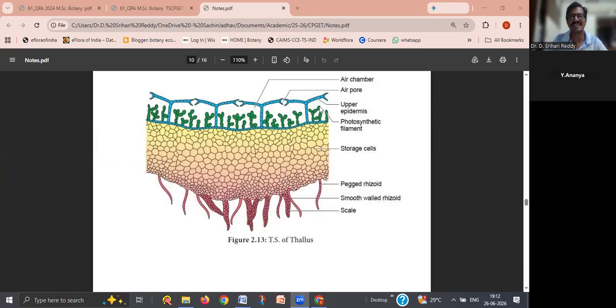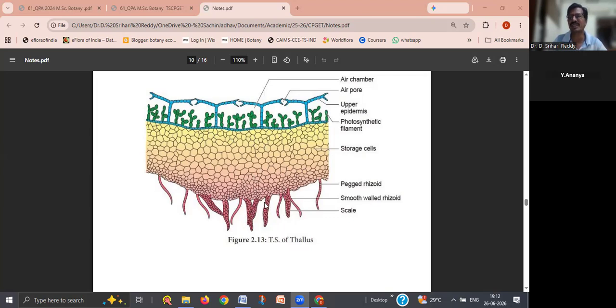This is the dorsal side. The upper part is called the dorsal side and the lower part is called the ventral side of the Marchantia thallus. In the lower side, we see two different structures. The unicellular structures are called rhizoids and the multicellular structures are called scale leaves.